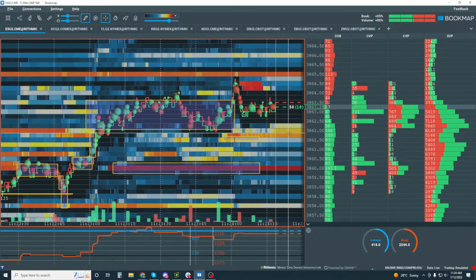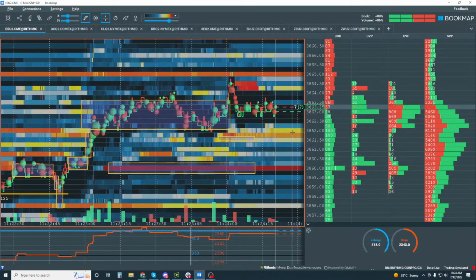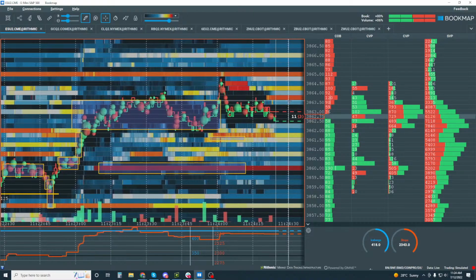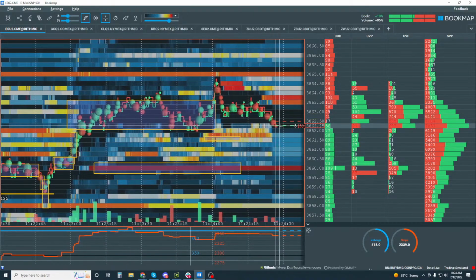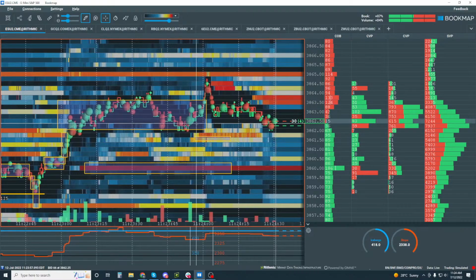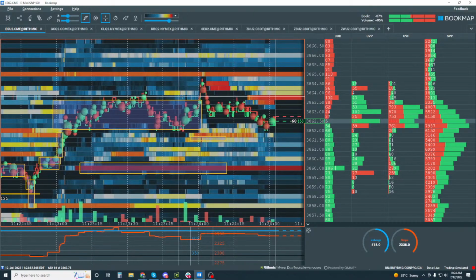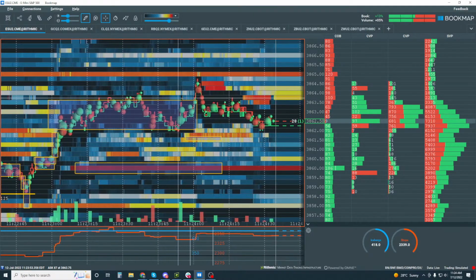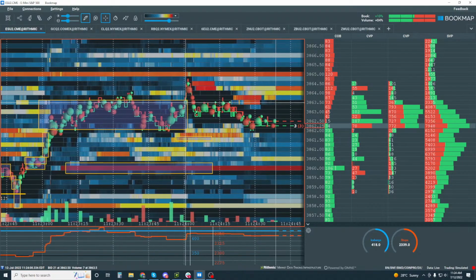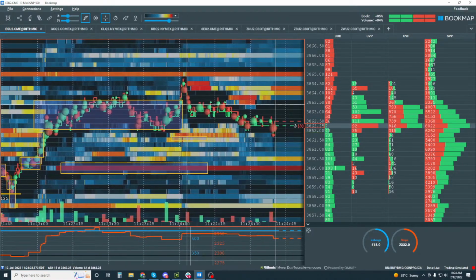Okay, bid is still pretty strong though. I want to see these guys pull, and I want to see the offer light up. Okay, there it goes a little bit. Now, do we get sellers? Yes. Okay, so back down to here, 61.5. There we go.